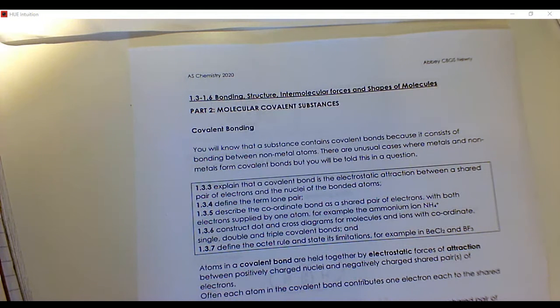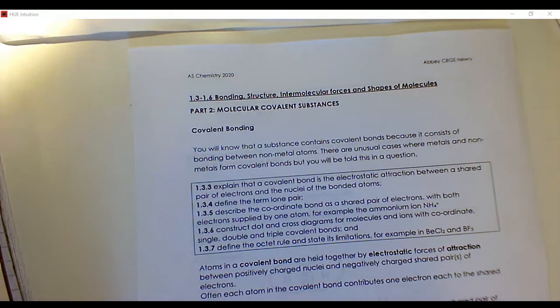I've tried to put them all together and hopefully give you a story of covalent bonding and covalent structures that makes sense. So I have mixed up the points in the specification with the goal of trying to build this story rather than just follow the specification, and with plenty of practice, hopefully there won't be a question you cannot answer. Okay, so that's the goal.